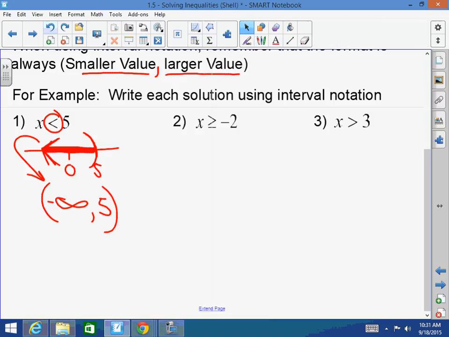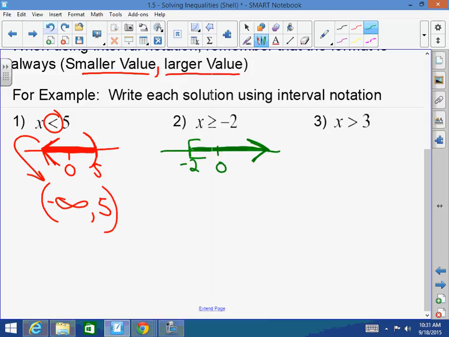Number 2, x is greater than or equal to negative 2. So let's graph it, because I find that graphing it makes it so much easier. Greater than or equal to, so I'm going to use a bracket, and I'm going to shade it to the right. And it's going to the right forever, all the way towards positive infinity.